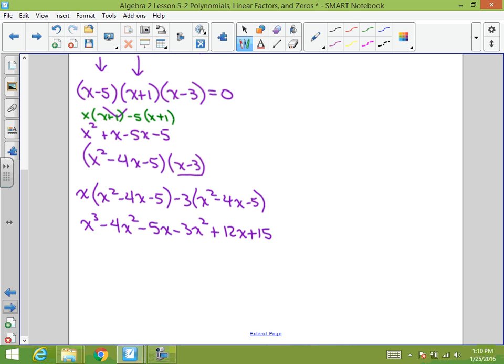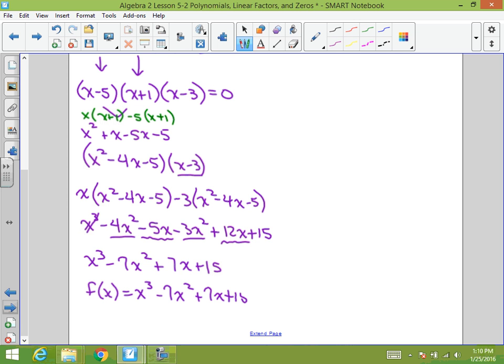Now simplify and write it in standard form. There's only one x to the third, so that's gone. Negative 4 and negative 3 is negative 7x squared. Okay. Negative 5x, positive 12x is positive 7x. And plus 15. So this would be f of x equals x to the third minus 7x squared plus 7x plus 15.